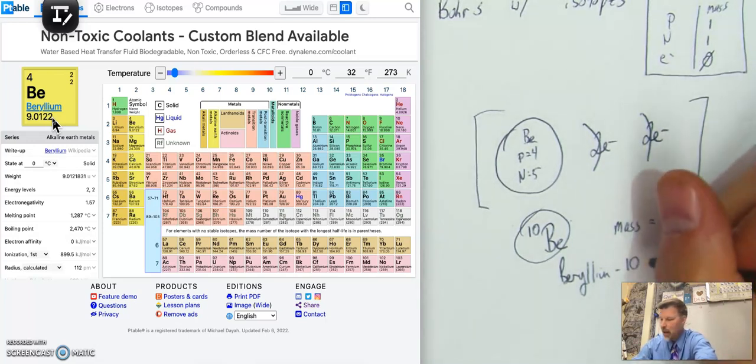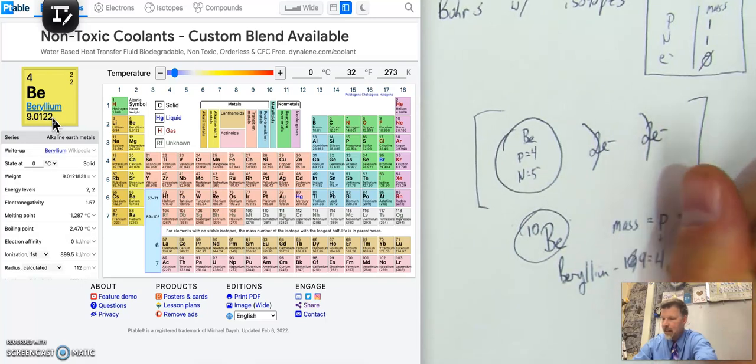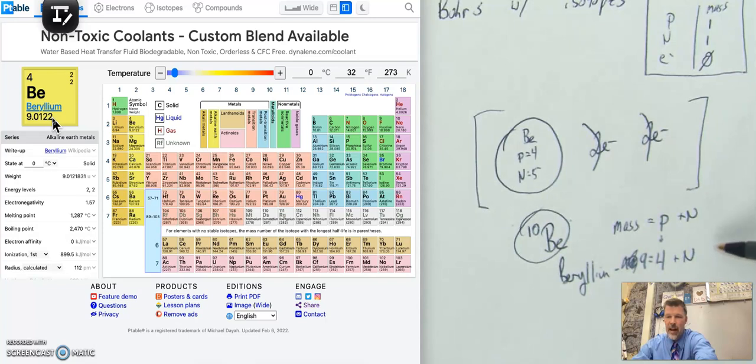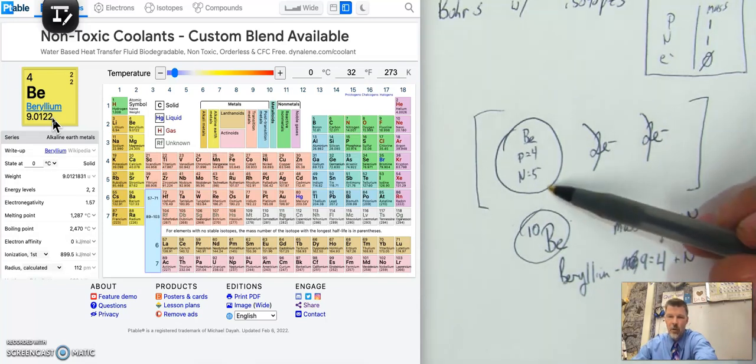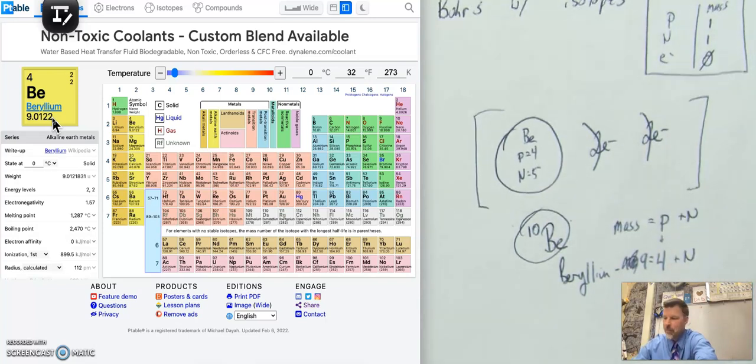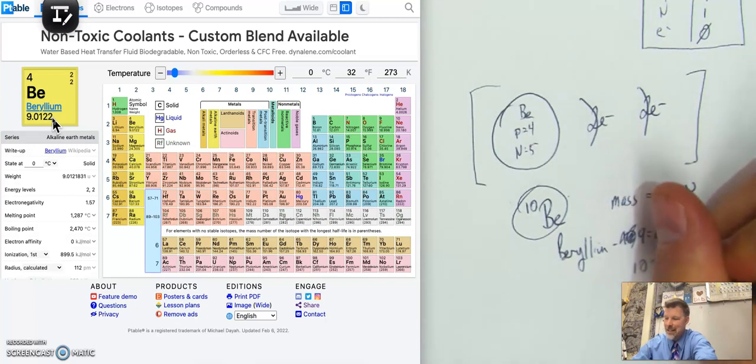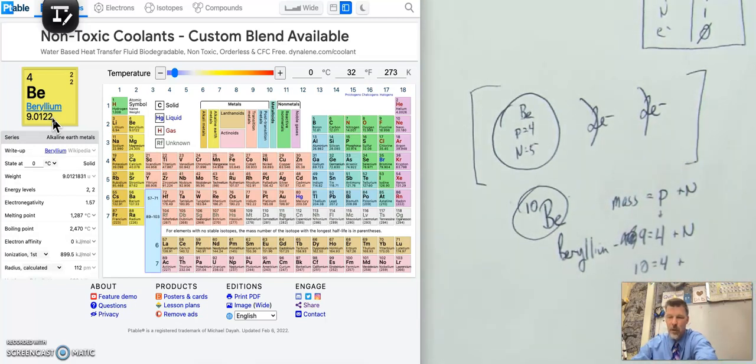So when beryllium had a weight of 9, then that was simple math. 4 plus 5 is 9, so normal beryllium has 5. But now that we have beryllium that weighs 10, still 4 protons, so now the neutrons is not 5, it's 6.